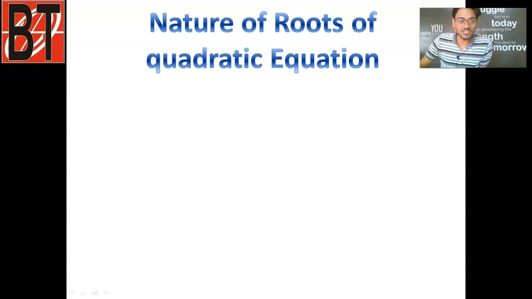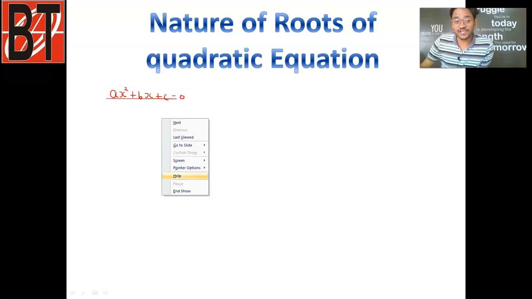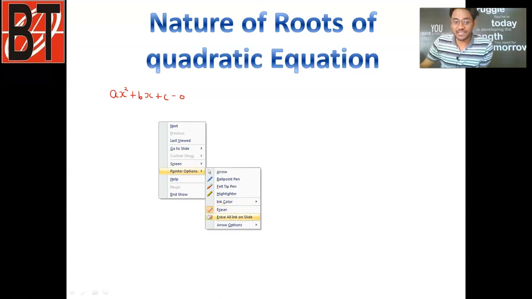What was the quadratic equation, students? The quadratic equation in the general form was ax square plus bx plus c is equal to 0. For solving this kind of quadratic equation we took the help of factorization, and in the last lecture we derived a formula, the quadratic formula.